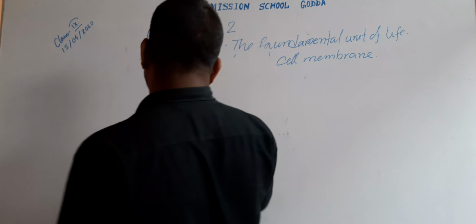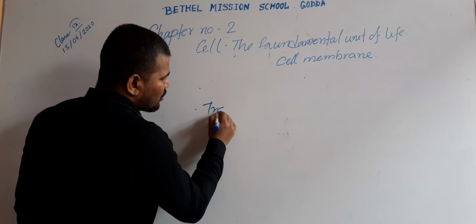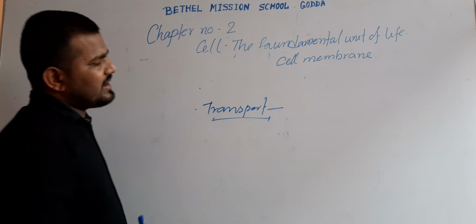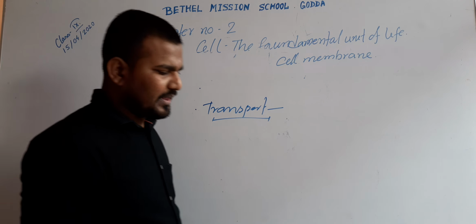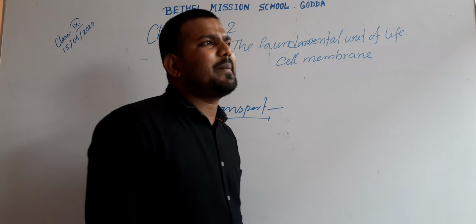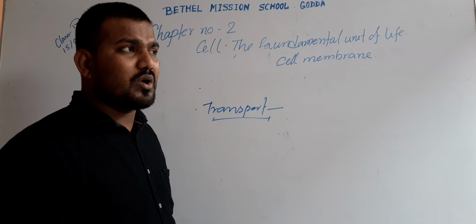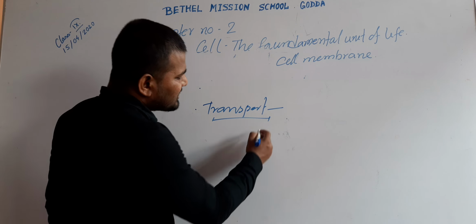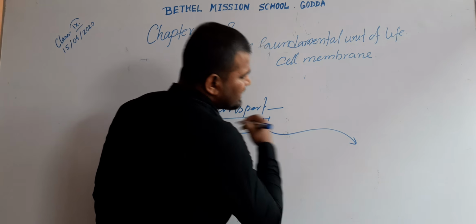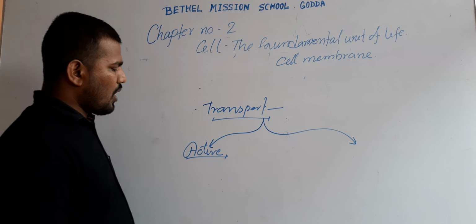The second function is transport. Transportation of materials takes place through the cell membrane. Transportation may take place with or without the use of ATP. If the transportation of materials occurs against the concentration gradient, then active transport takes place, where energy is required.